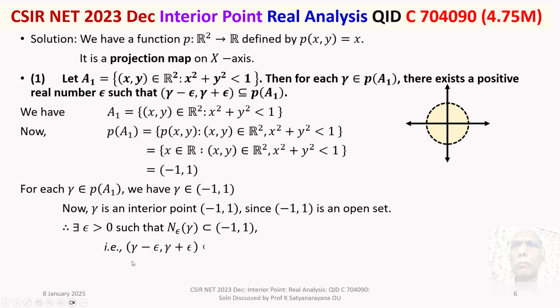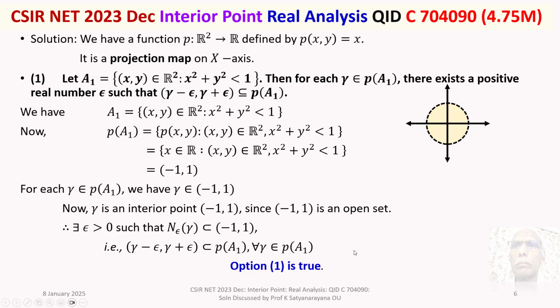That is, the open interval gamma minus epsilon to gamma plus epsilon is contained in P of A1 for all gamma belongs to P of A1. Thus, option 1 is true.